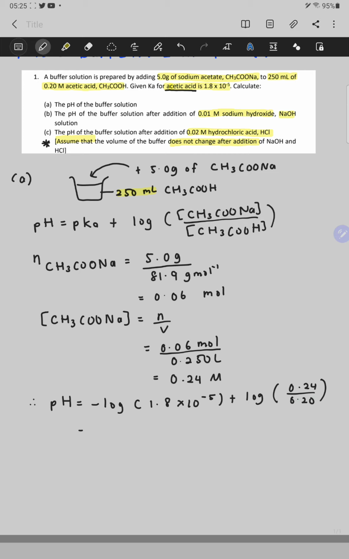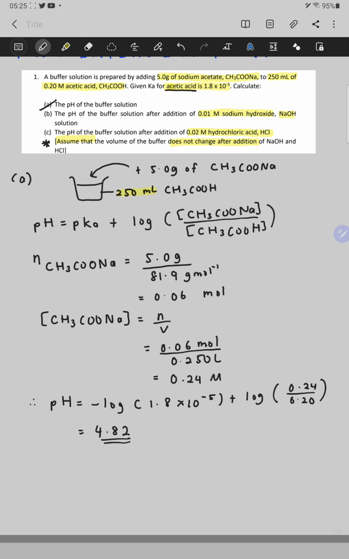So after you calculate this, you will get 4.82. Right, so 4.82 is correct lah, because this is the acidic buffer. So the pH will be less than 7. Okay, so settle for A.